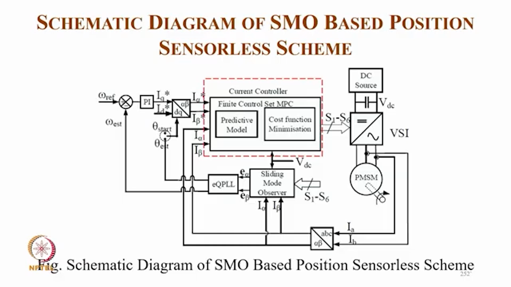So here of course we are sensing the two currents and converting to I alpha, I beta, and from I alpha beta and from the switching signal and DC voltage you are getting E alpha, E beta, and from E alpha, E beta through transformation you are getting position and speed, and from speed control we get Id, Iq, and Id we keep at reference, and from position we convert again back to I alpha, I beta, and we sense I alpha beta, we go to the finite control set model predictive control and cost function, so we get the switching signal, typically for the voltage source inverter.